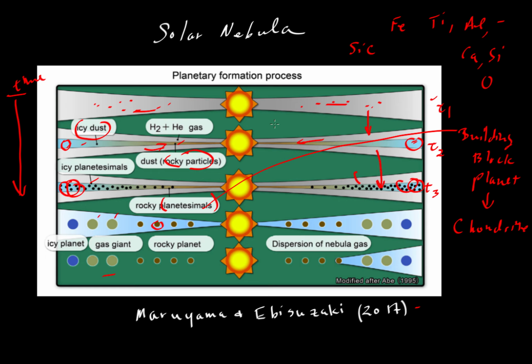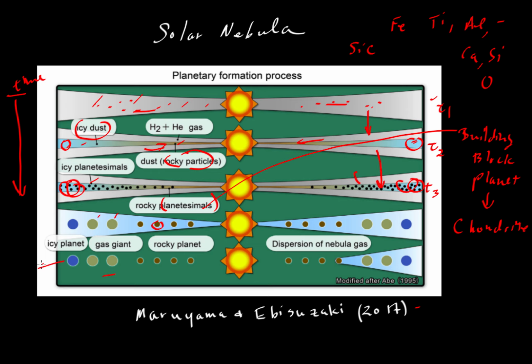Remember what we said, the green is just empty space, space that is more or less devoid, not completely devoid of matter, but mostly devoid of matter. So all of this blue and white and gray stuff here has all been accreted onto these planets. So we've gone from a gray nebulous disk out here into discrete planetary bodies, the rocky planets that are in the inner part of the solar system, and then the gas giants and the icy material that's out here in the colder regions of the solar system.